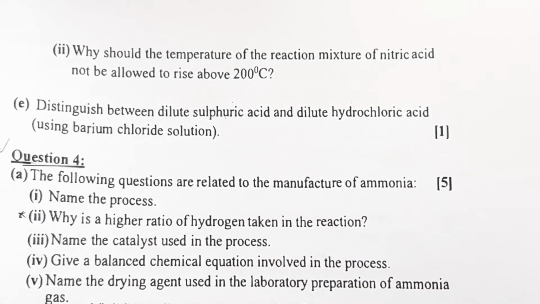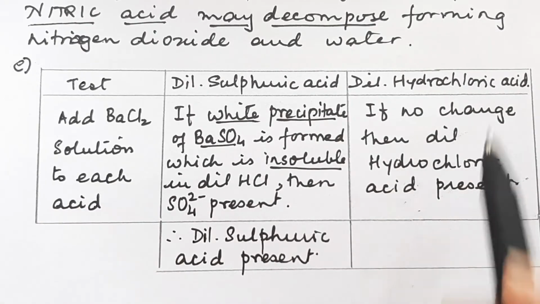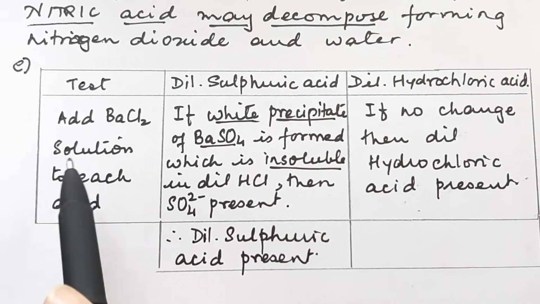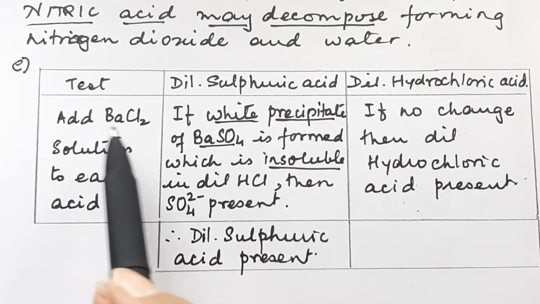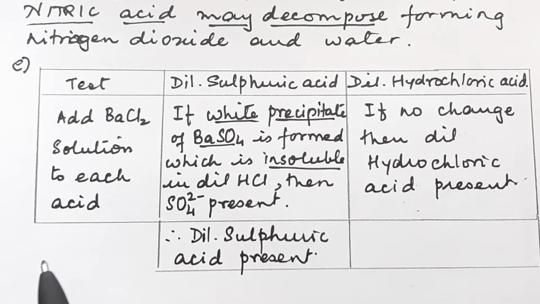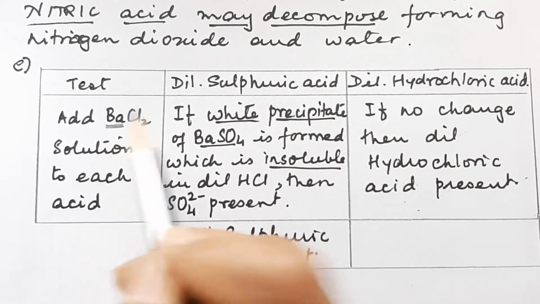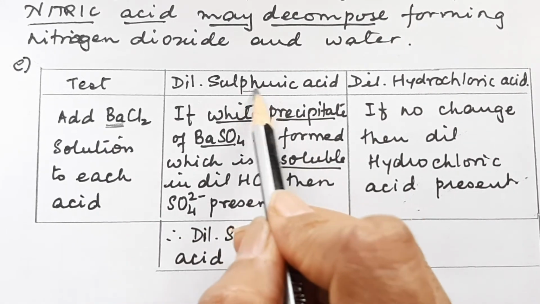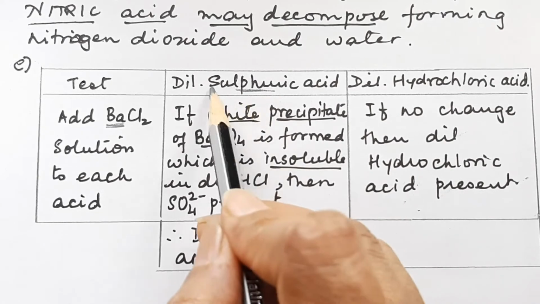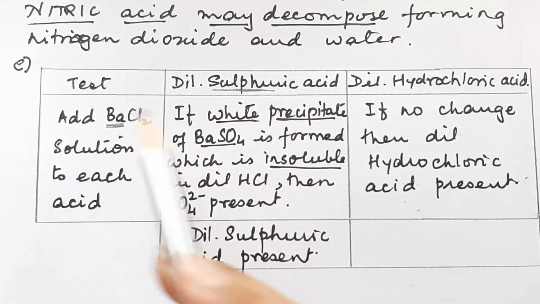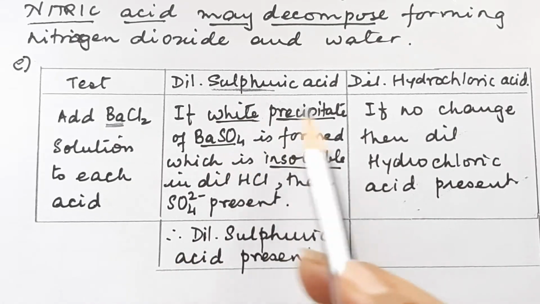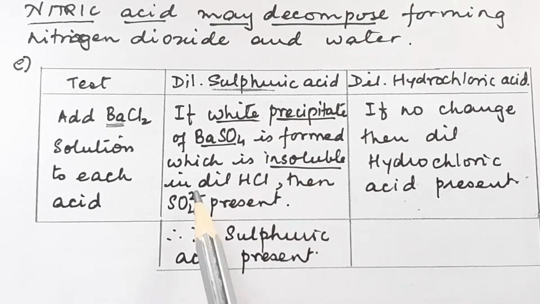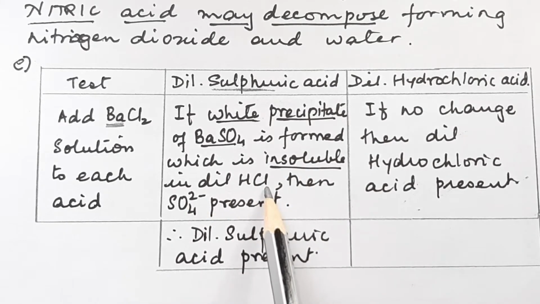So let's see how we write it down. So we have made the 3 columns. First one is for the test. We add barium chloride solution to each acid, and then barium will take the sulfate from sulfuric acid and it will become BaSO4, which is a white precipitate insoluble in dilute HCl.